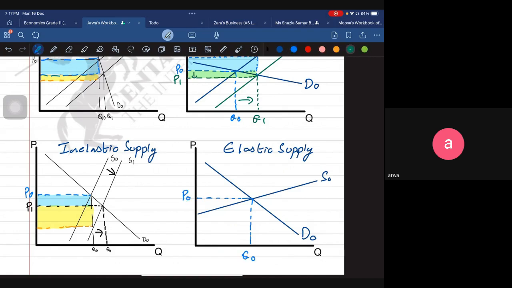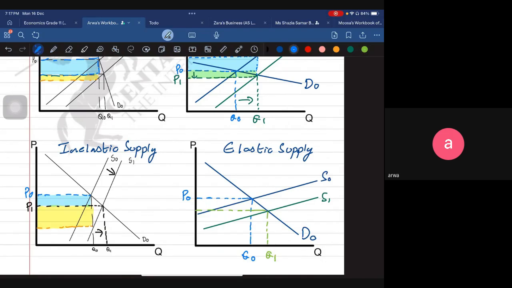Now what has happened? Supply has shifted towards the right. This is S1. And now if you see, this is the new point, Q1.